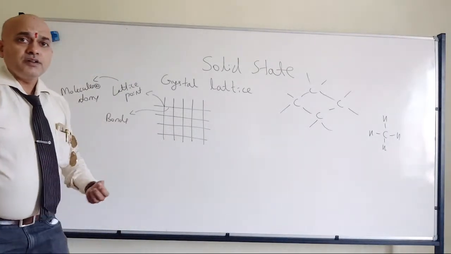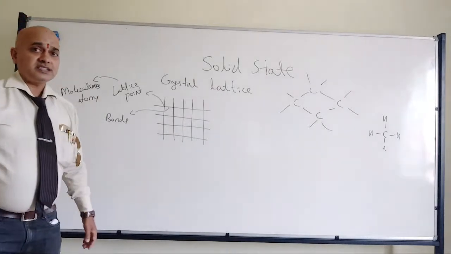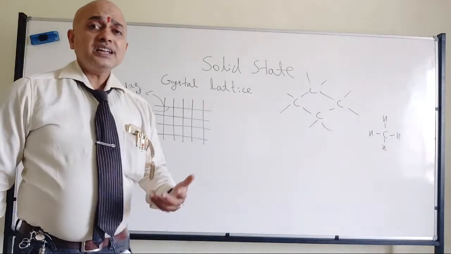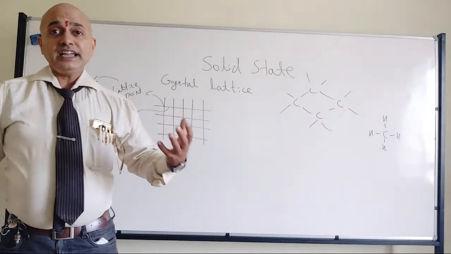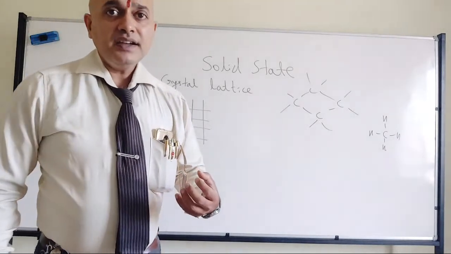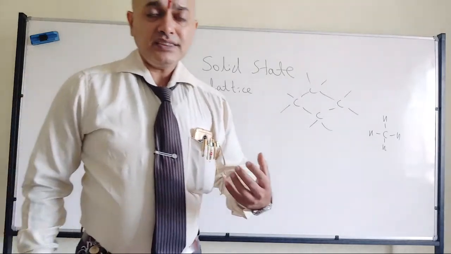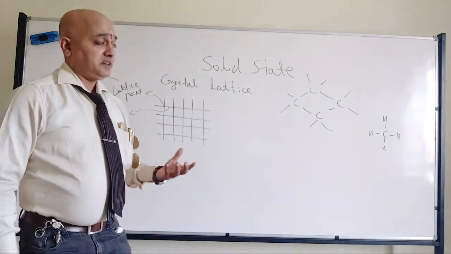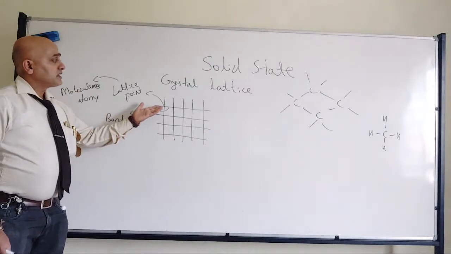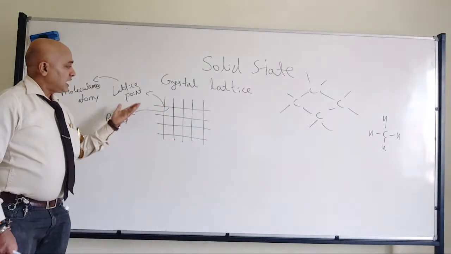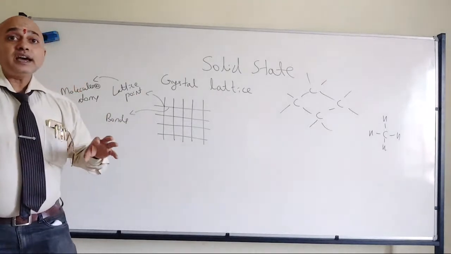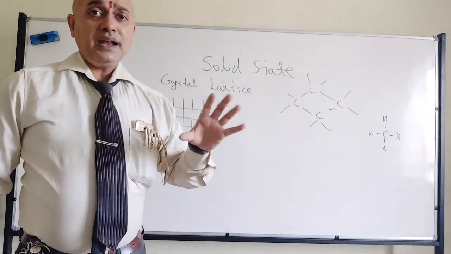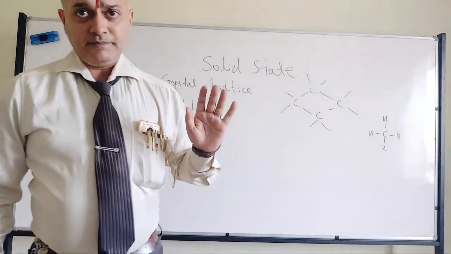So now I will come back to crystal lattice. Crystal lattice is nothing but a three-dimensional arrangement. It's a representation of the three-dimensional arrangement of the elements in a crystal structure.